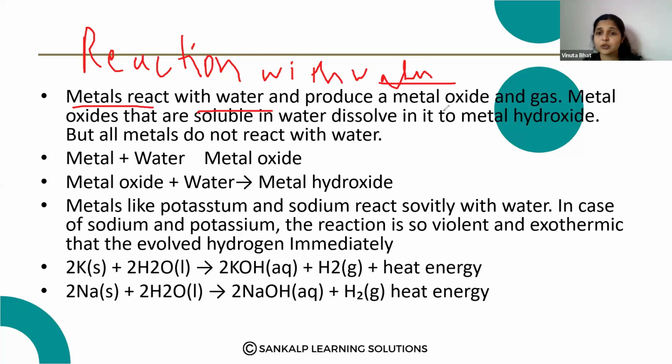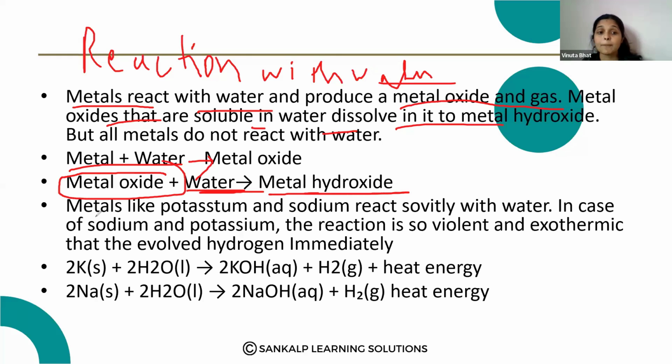Metals react with water to produce a metal oxide and a gas. Metal plus water forms the metal oxide. Then metal oxides that are soluble in water dissolve in it and form the hydroxide. When the metal oxide reacts with water, it forms the metal hydroxide.